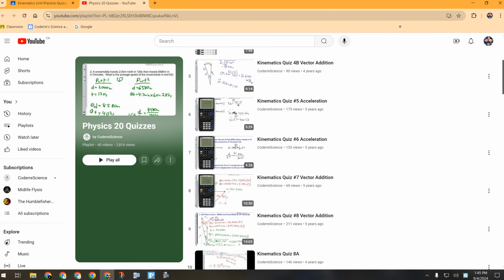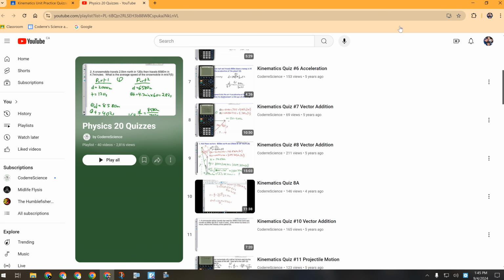I don't have one for 7A, just do 8. Actually, you could probably do 7. I think 7 and 7A are the same quiz. It's just the solutions. Scrub to the end to find out what the answer is. If you don't get it, watch the solution. That would be my recommendation over the next couple of days to pick away at.